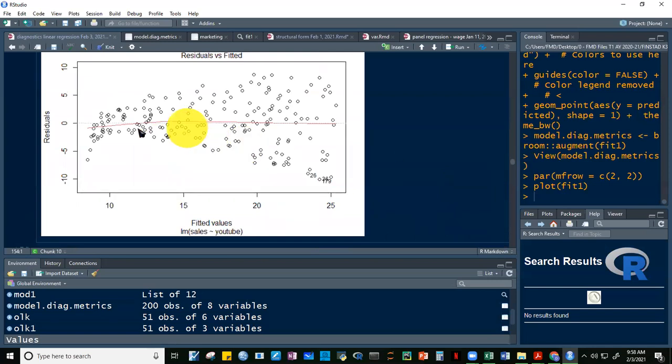Ito medyo okay naman, pero medyo may signs ng parang umaakyat. Nakita nyo guys yung fanning out. Dito maliit yung variance, tapos pagdating dito, lumalaki ng lumalaki. At the higher value here, medyo malaki na yung variance niya. So mukhang may problem tayo ng homoskedasticity. Pero yung linear relationship mukhang okay naman kasi medyo may pagka-straight line naman siya.